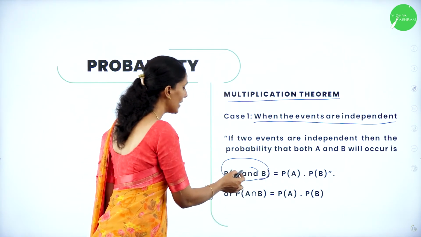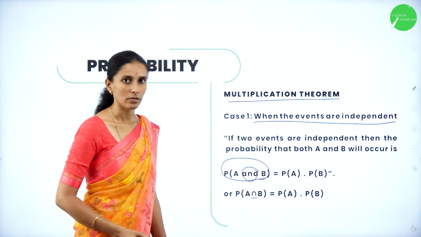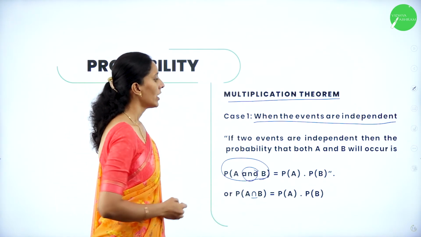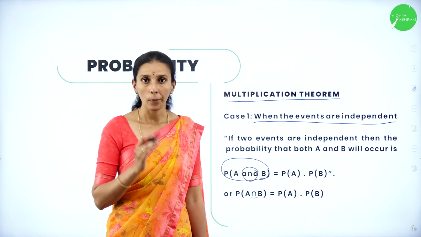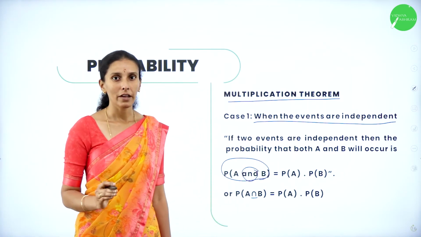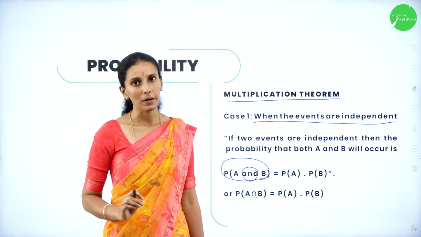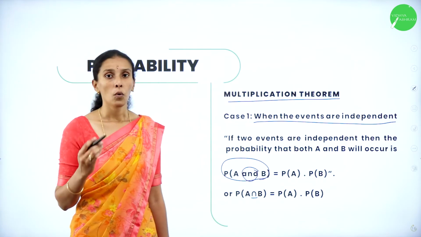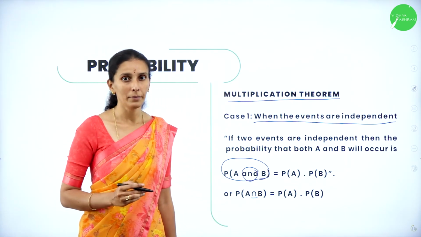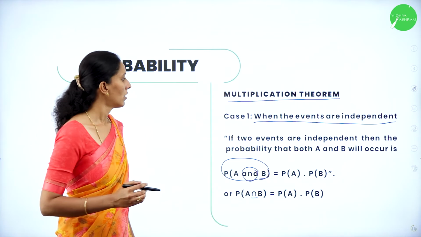Again, and is nothing but intersection. So if two events are independent, then the occurrence of both A and B is given by the product of their probability. That is why the name is multiplication theorem. What happens if you have more independent events?